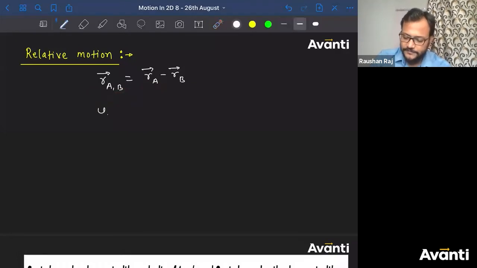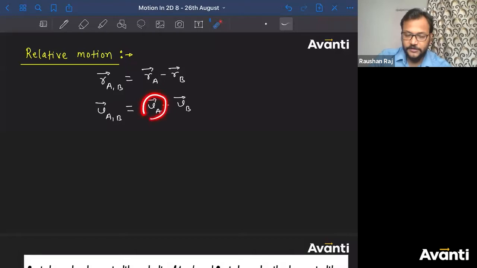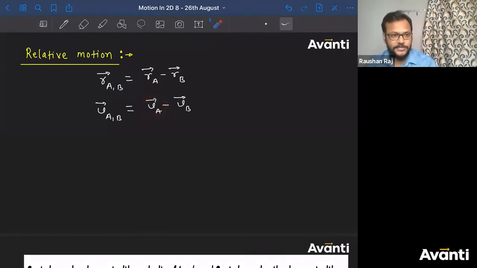Similarly, if I ask you what is VAB? The velocity of A minus velocity of B. So what is velocity of A? This is the velocity of A with respect to ground. What is VB? This is velocity of B with respect to ground. What is VAB?